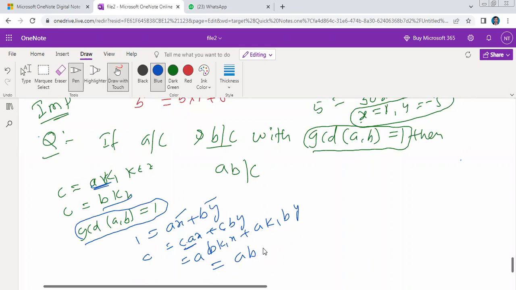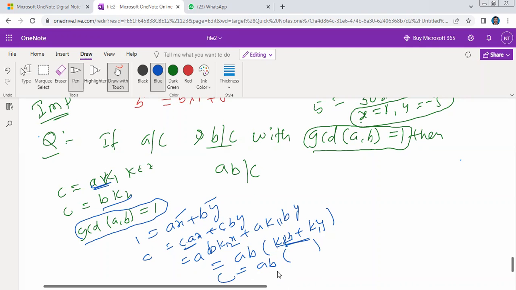AB times of K1x plus K2, K1y. This is equal to AB times of something, which is also an integer.